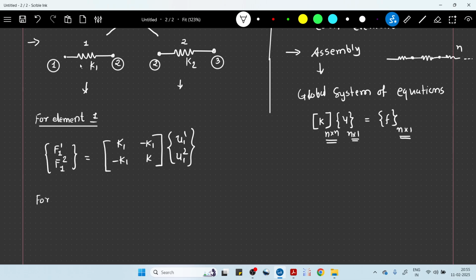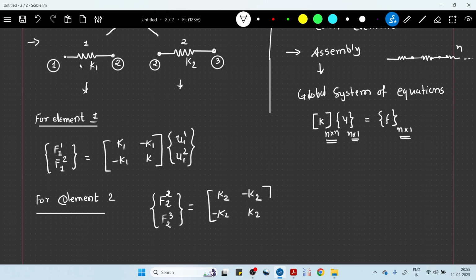Similarly, for element 2 also I can write: force at node 2 and force at node 3, belonging to element 2, f2 and f3, is equal to the stiffness matrix for element 2, k2, minus k2, minus k2, k2, times the displacement vector: u at node 2 and displacement at node 3, belonging to element 2.